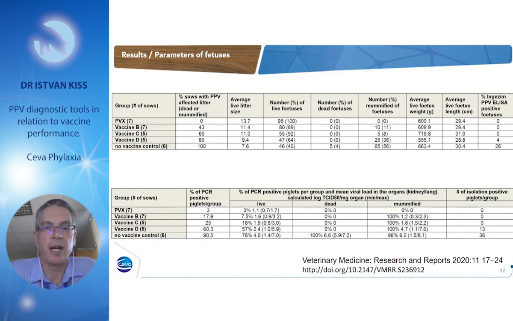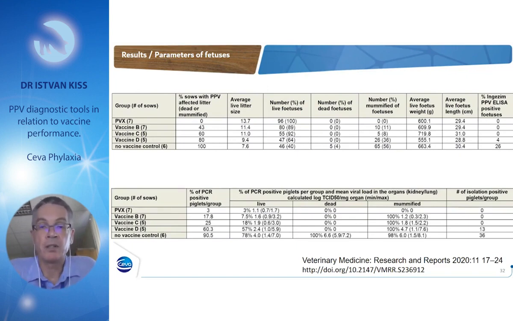dead or mummified fetus there, and you can read the figures because it was published actually, so it is available freely on the internet. I just would like to highlight some key effects: although there was a very low percentage of PCR positive fetuses, isolation did not demonstrate live virus there, or an amount of the virus suitable for productive infection in cell lines.